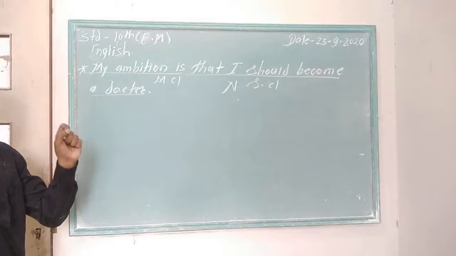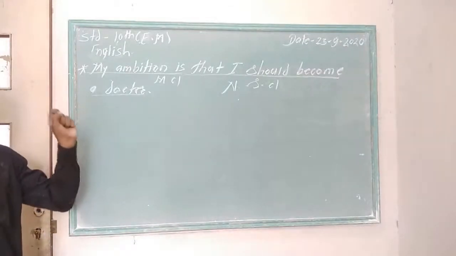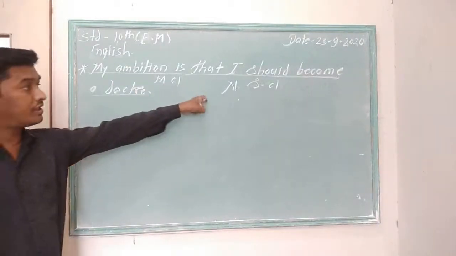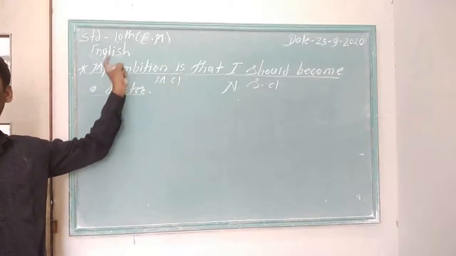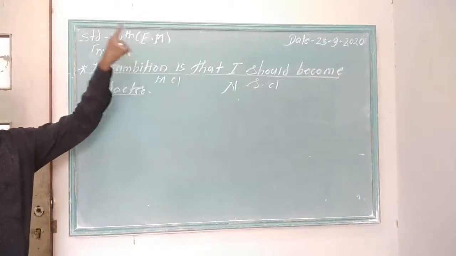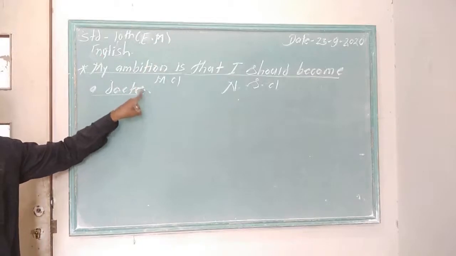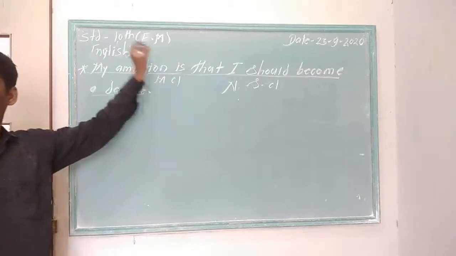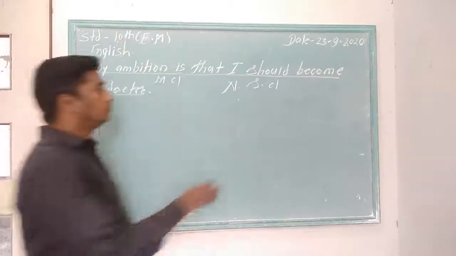What is your ambition? That I should become a doctor. That clause is complement to subject, so functions as complement. When you ask a question to main clause by what, we get this part as answer, so it is complement.